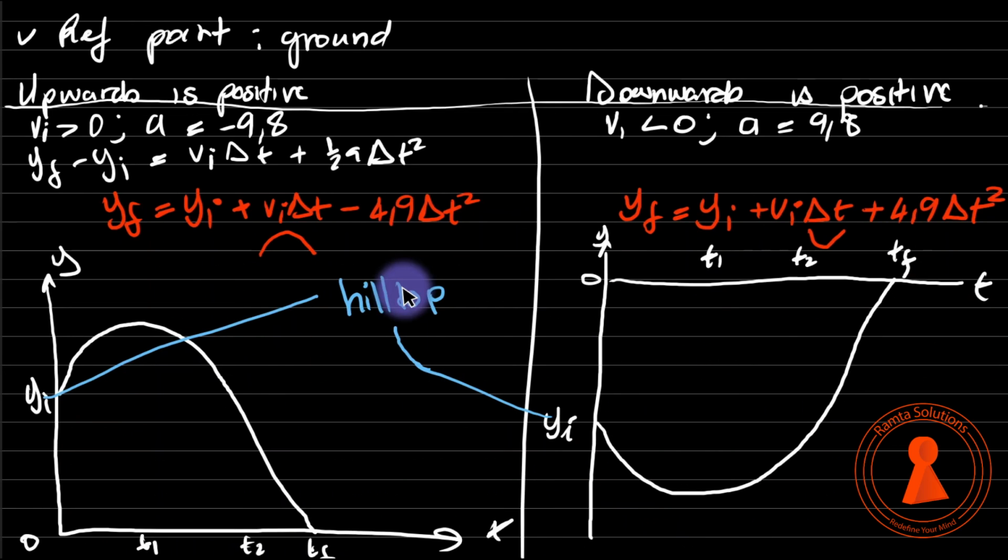They are like this. Remember, the shape tells you which direction was positive, and for a position versus time graph, you must remember that half a is the coefficient of the delta t squared. This is what will tell you if your graph is smiling or frowning.